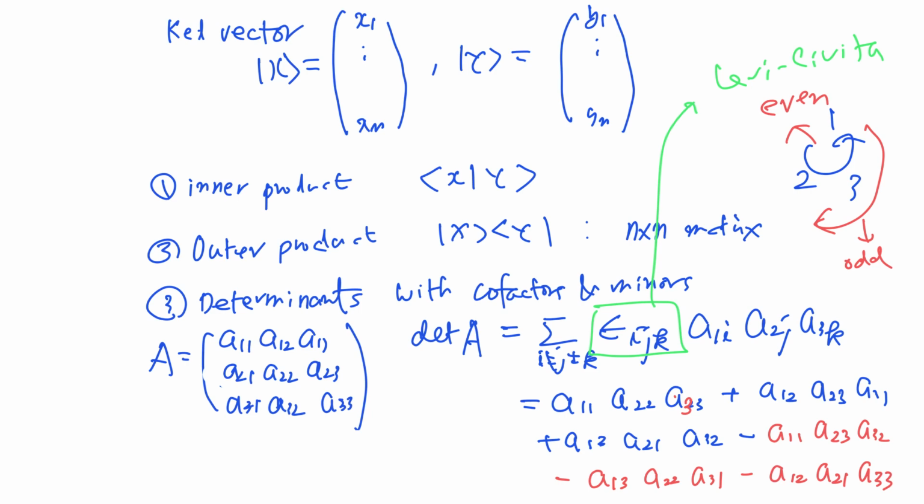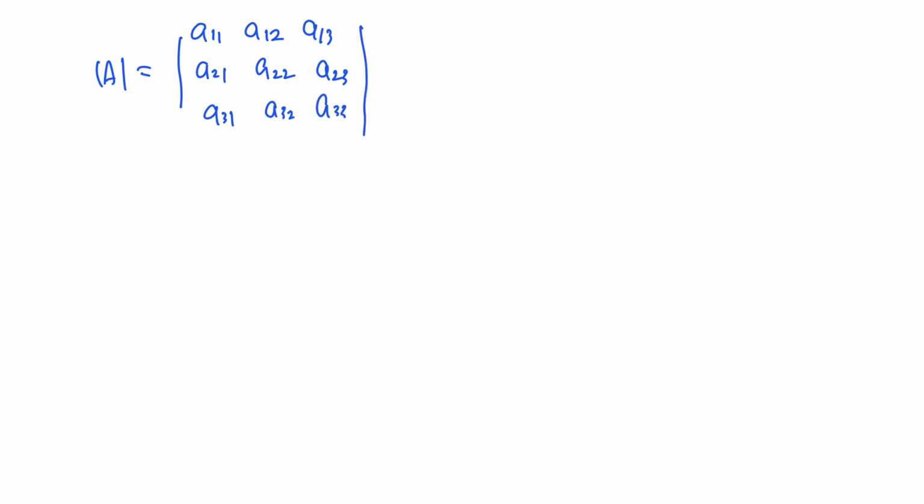Well, the same rule can be applied to the following. You can take determinant A, A11, A12, A13, A21, A22, A23, A31, A32, A33. So this direction gives plus.